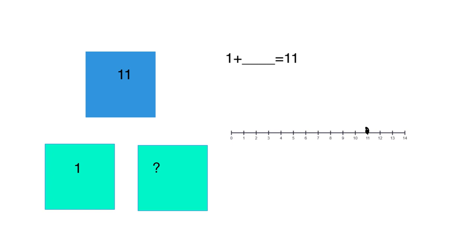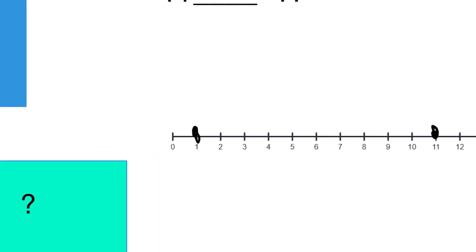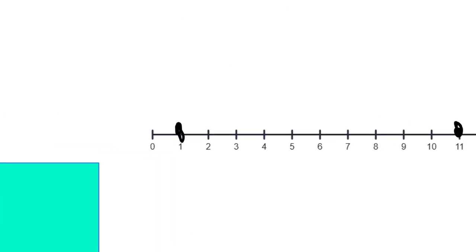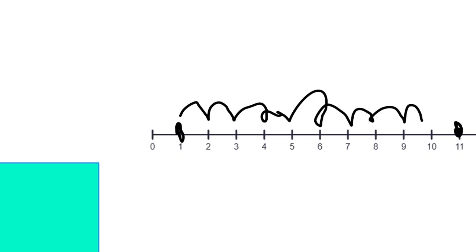We need to get to this point 1 over here. So we are going to use our number line to figure out what we need to get to this other part. So we have 1 jump, 2, 3, 4, 5, 6, 7, 8, 9, 10 jumps to get to 11.